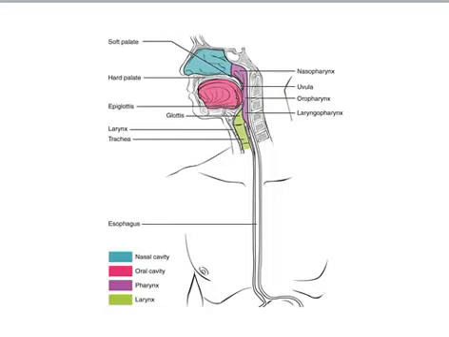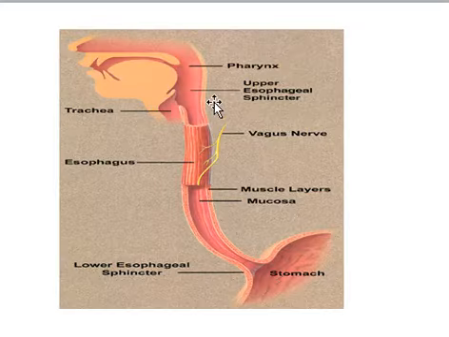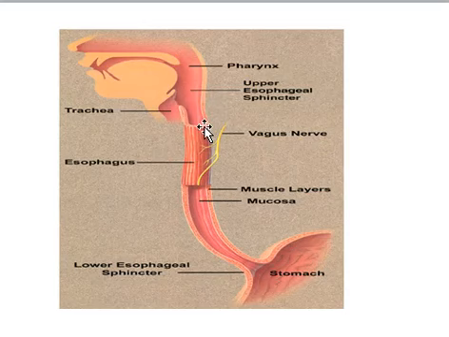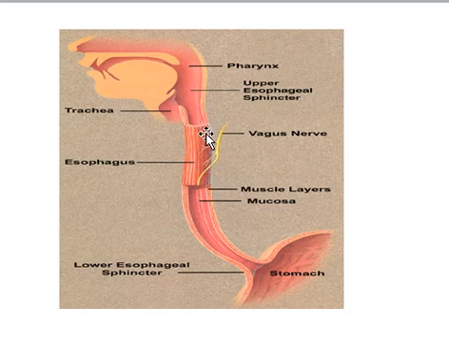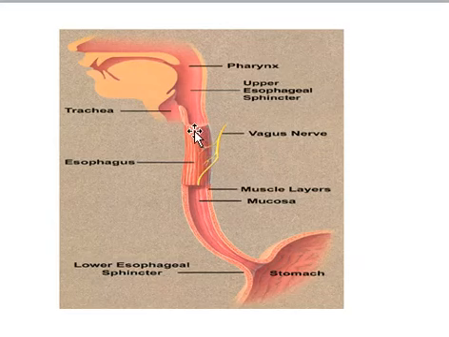Now, the esophagus. Here, we see that the esophagus is also a straight muscular tube. It extends from the cricoid cartilage of the larynx and penetrates the diaphragm, and it meets the stomach here.